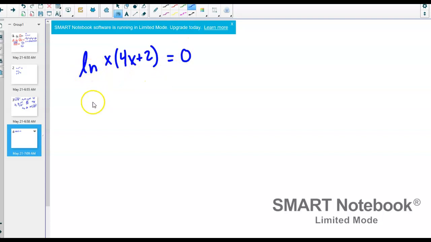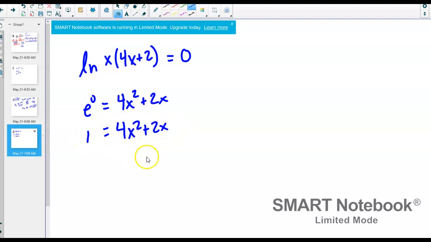This is log base e, so that'll be e to the 0 equals this whole thing, which I'm just going to multiply. This will give you 4x squared plus 2x. And then I just simplify this. This gives me 1. Anything that's 0 power is 1. And we're going to minus that 1 over, so I'll have 4x squared plus 2x minus 1, and that's all equal to 0. I'm going to use my quadratic formula.